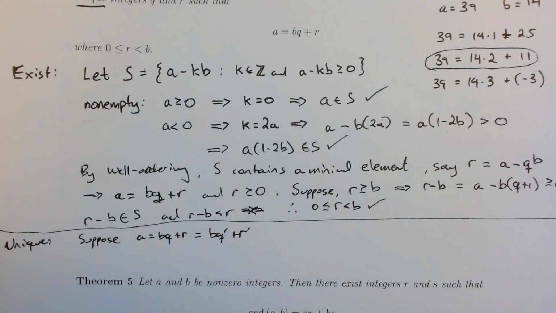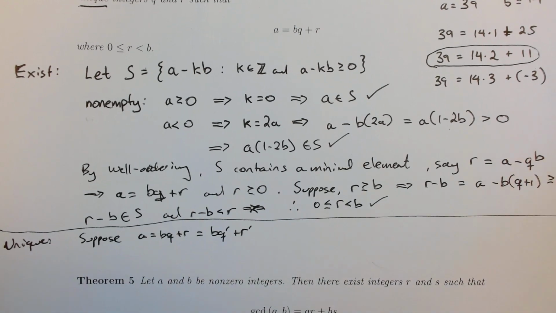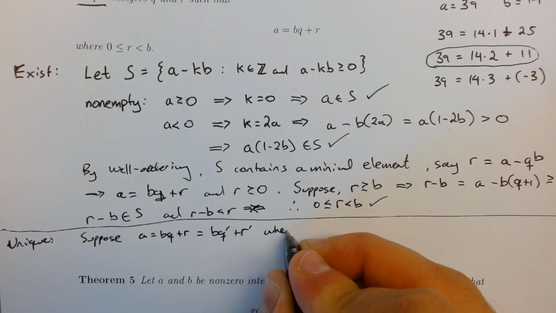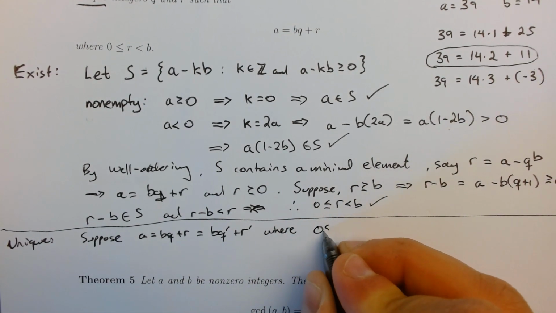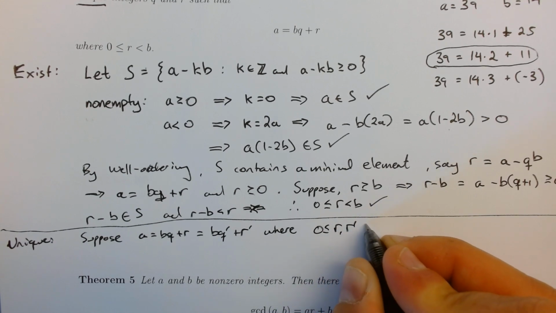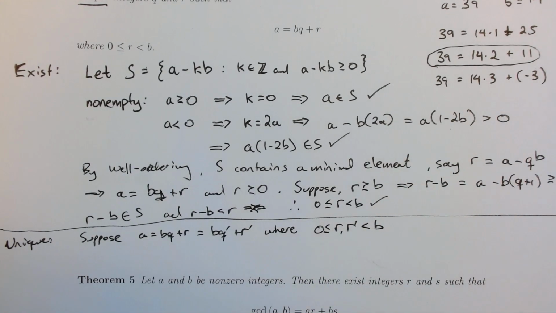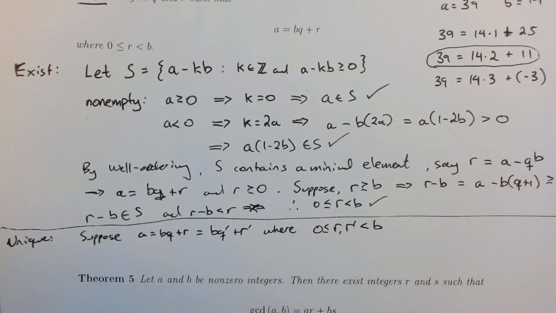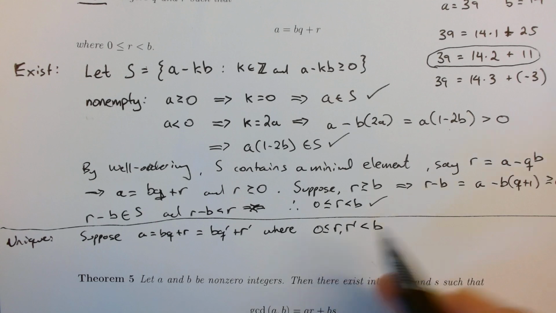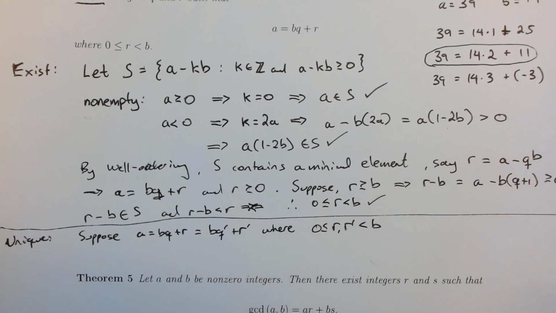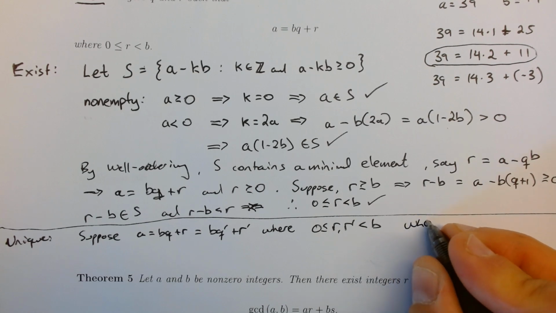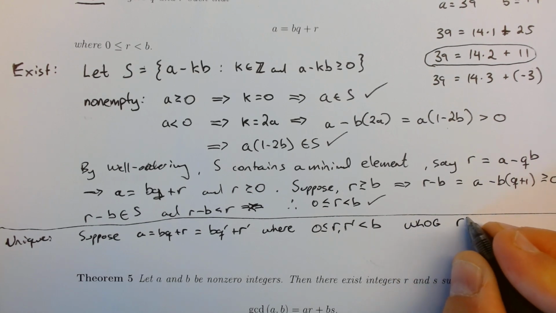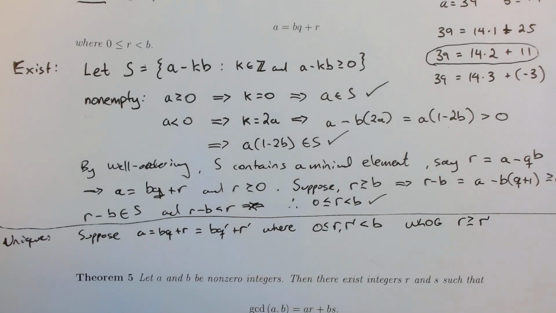So we have two different representations, or two different pairs of Q and R that appear to work, where both of those remainders, R and R prime, are between 0 and B. Now, without loss of generality, we can say one of them is at least as big as the other. Again, we want to show that they're equal. But without loss of generality, we'll say R is at least as big as R prime.